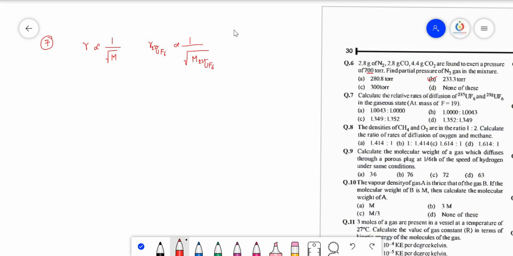I'll take uranium hexafluoride 235 as gas number 1, and uranium hexafluoride 238 as gas number 2. Here, first of all, let us find out the molecular mass of both of these compounds. Molecular weight of uranium hexafluoride 235 is equal to 235, the uranium mass given, plus 6 fluorine atoms.